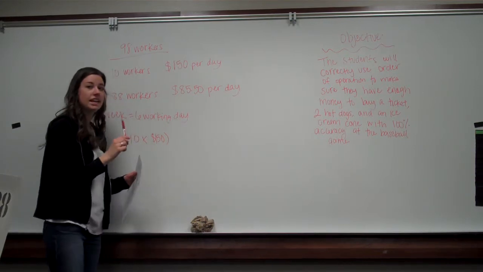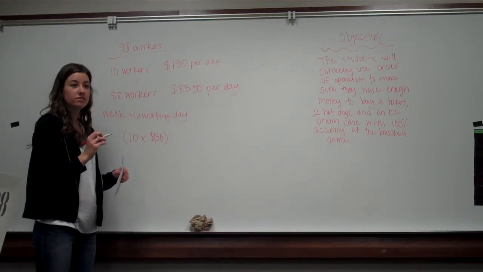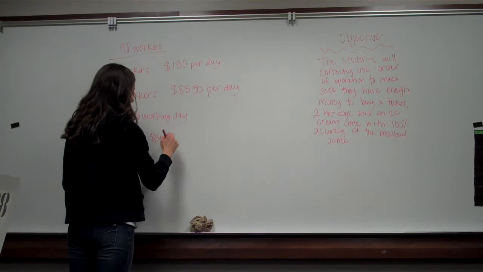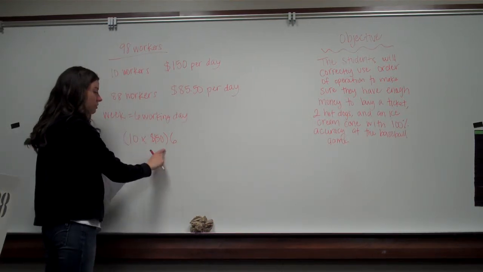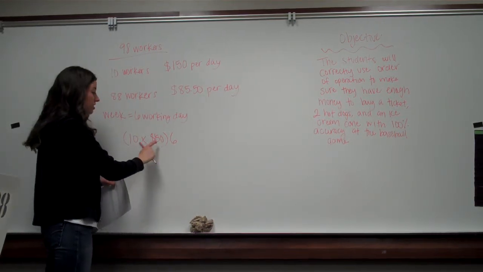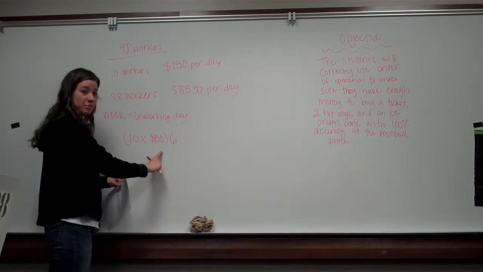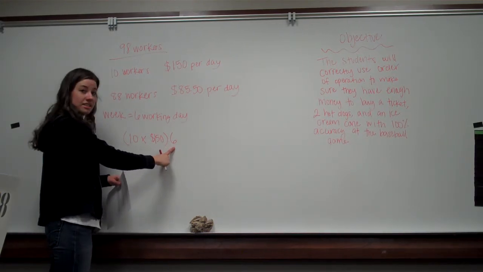And then how many days do they work a week? 6. So you multiply, because 10 workers times 150 is how much 1 day would be, and then you multiply by 6 days.